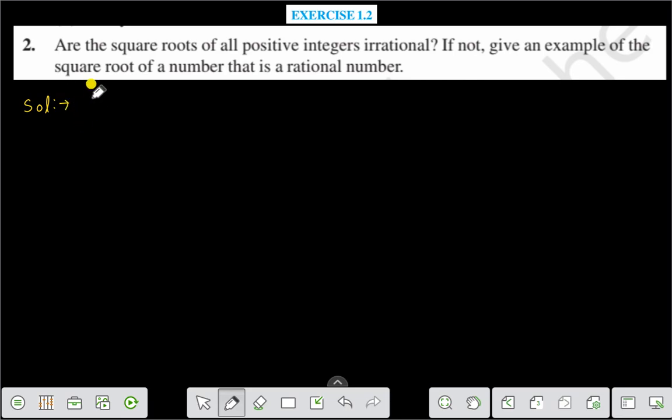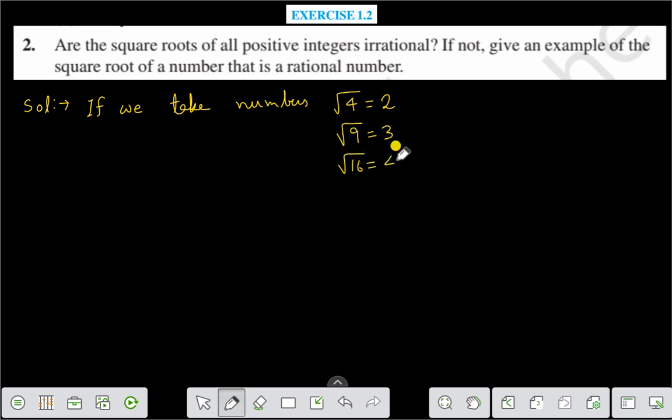If we take numbers, root 4 is equal to 2, root 9 is equal to 3, root 16 is equal to 4, right?